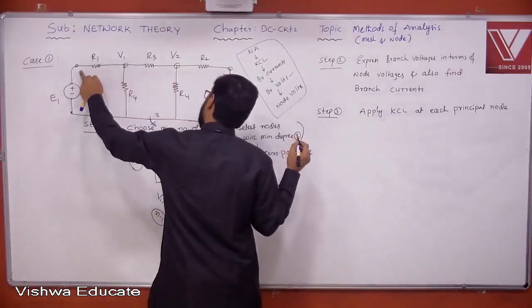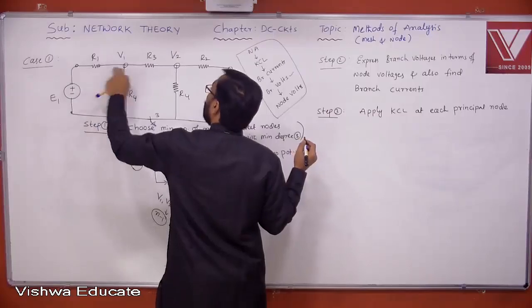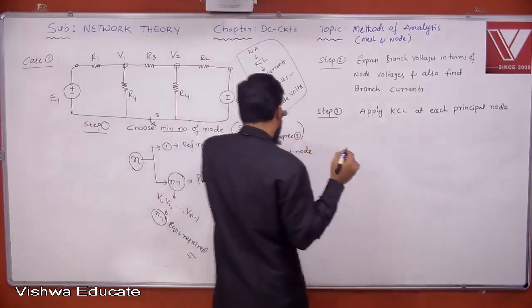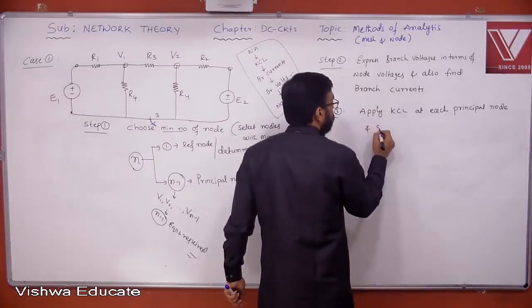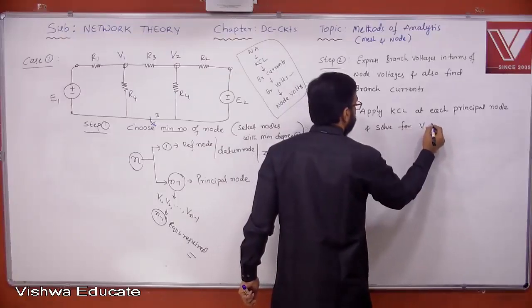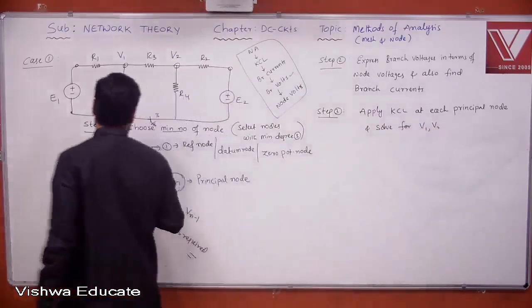You can apply here also, it doesn't matter, but the more disciplined, systematic method is to apply KCL at each principal node and solve for V1, V2, and so on up to V n minus 1 in general.